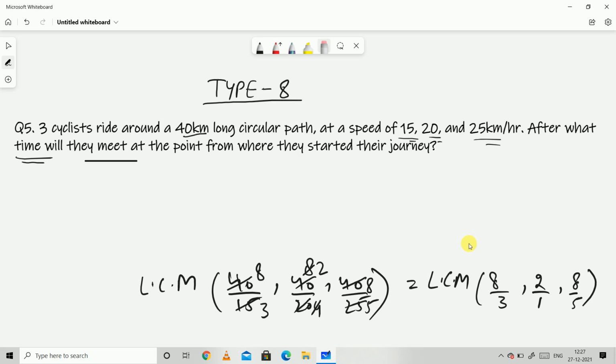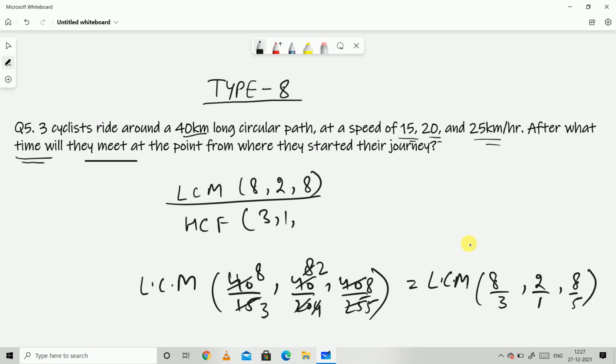You will do the LCM of the numerators, that is the LCM of 8, 2 and 8, upon the HCF of the denominators, that is the HCF of 3, 1 and 5. What will be the LCM of 8, 2 and 8?